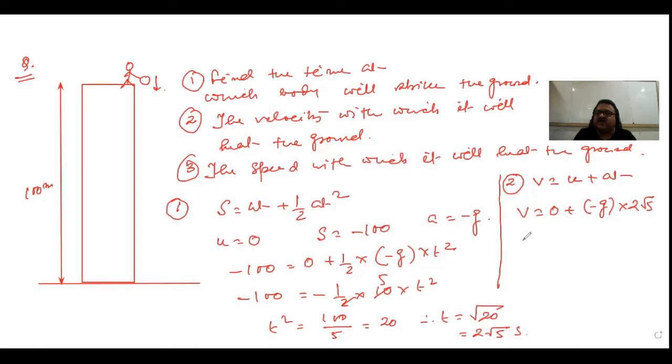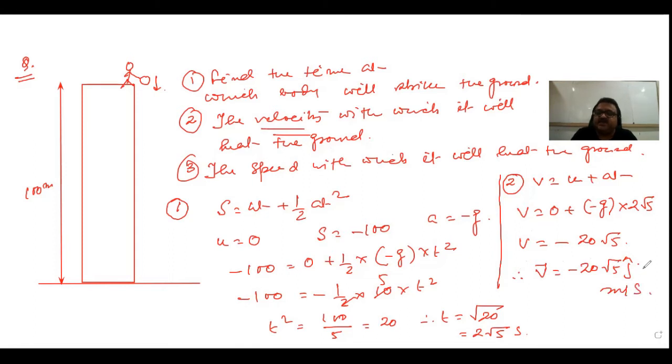Clear? Now look at this, v equals minus g, that is minus 10 times 2 root 5, minus 20 root 5. But the question is the velocity with which it will hit the ground. So the answer would be: the velocity v vector is equal to minus 20 root 5 j cap meter per second.